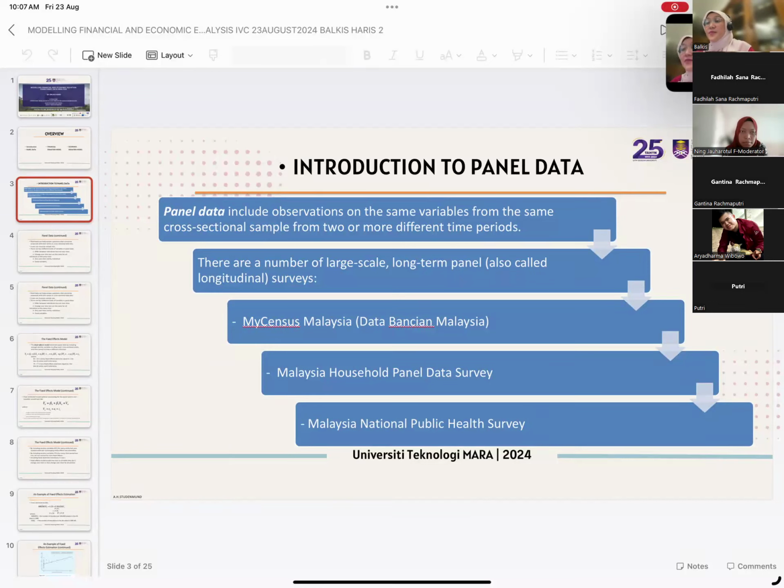For example, Balkis, Aminah, and Ahmad. We have their income data for several years, or we have their health data for several years. So that is also known as panel data.